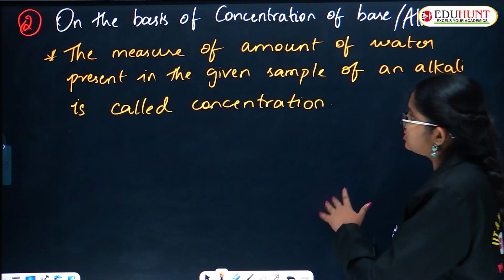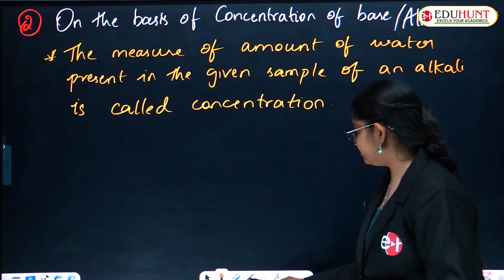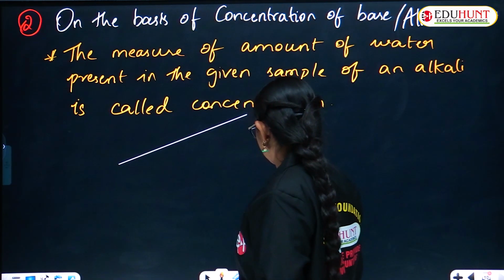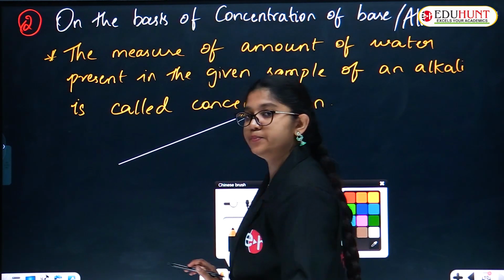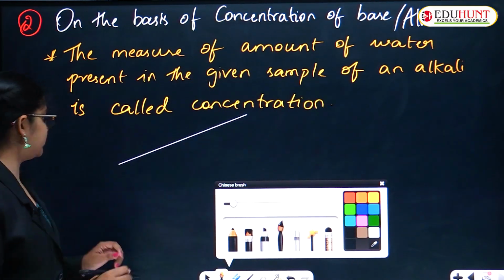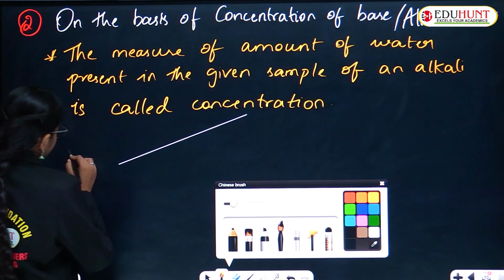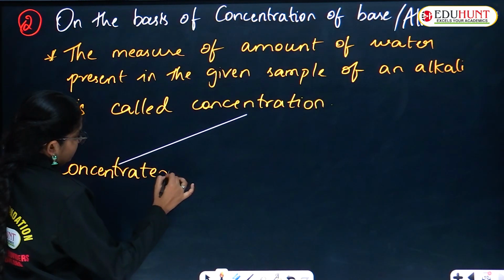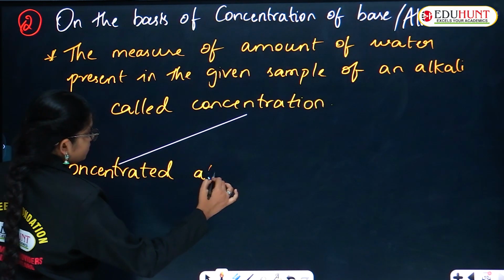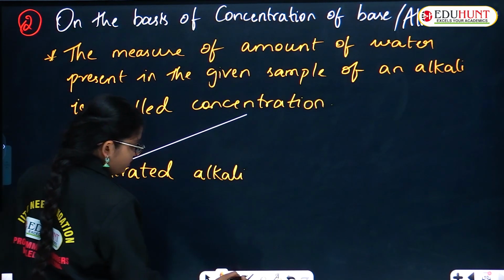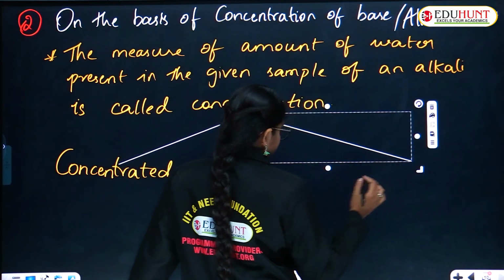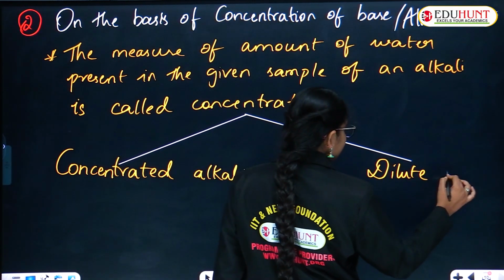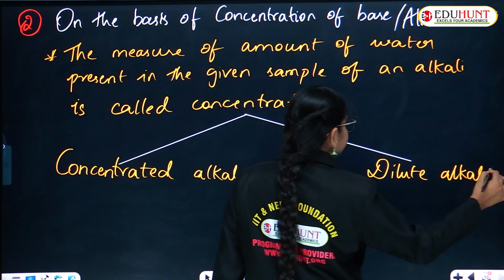Based upon this, it is classified into two main types. What are they? The first one is concentrated alkali. And the next one is dilute alkali.